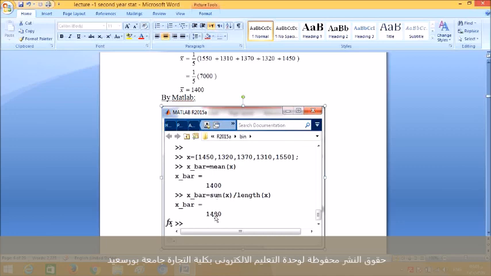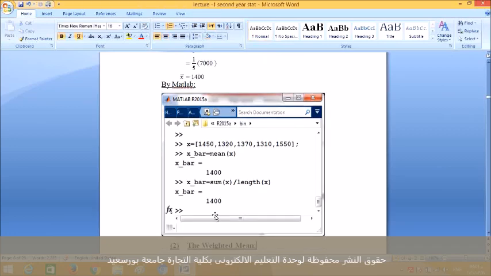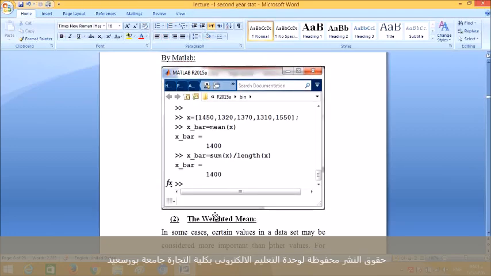Now look at the two results for the two syntaxes or the two commands, 1,400 and 1,400.